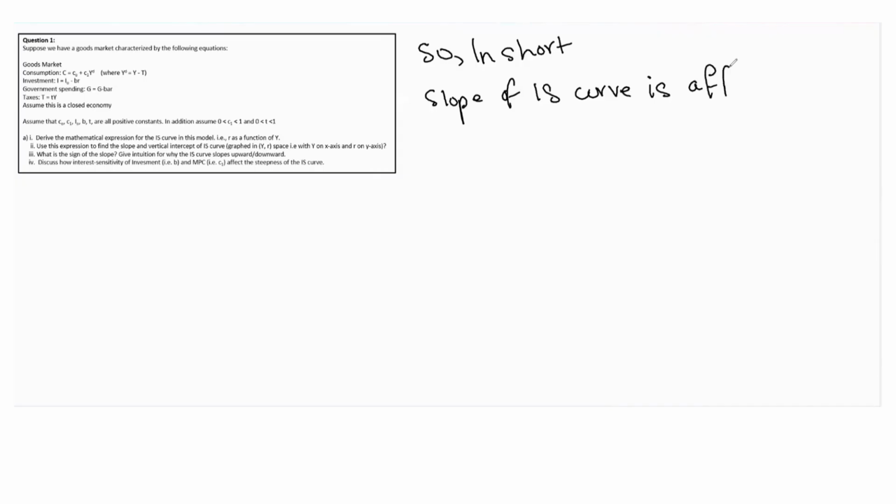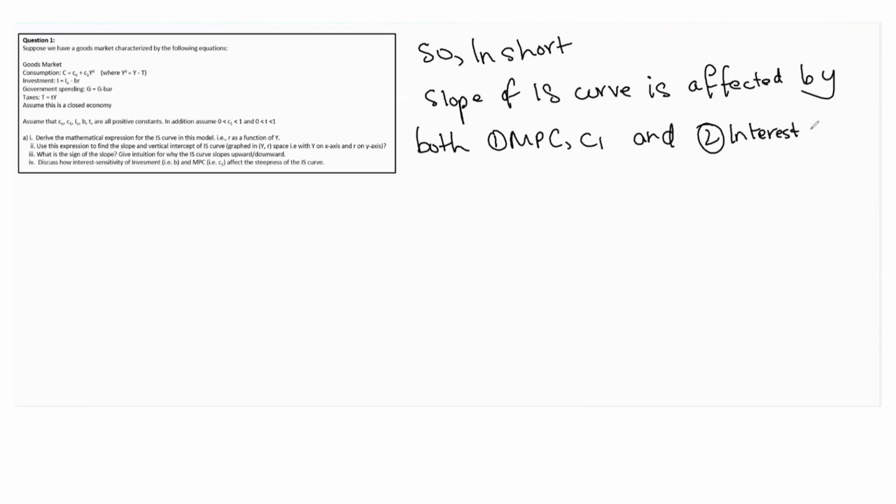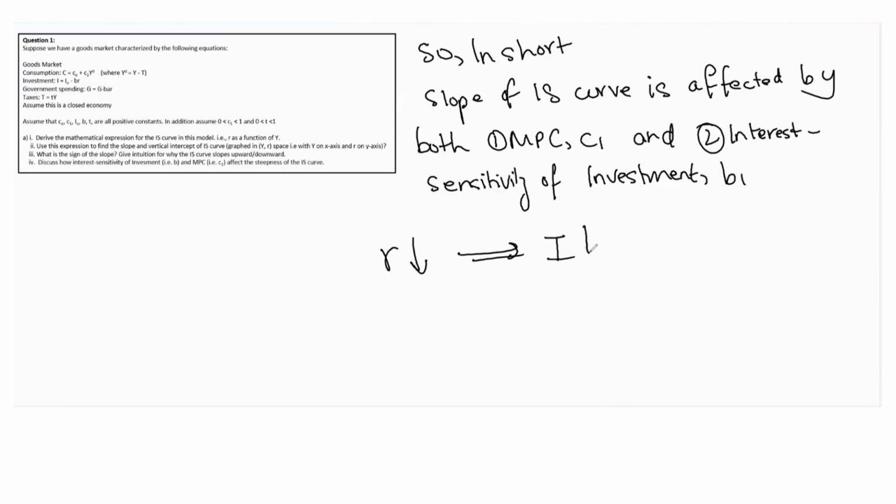is affected by both MPC C1 and the interest sensitivity of investment, how responsive investment is to changes in interest rate, i.e. B. Because we know when R decreases, that causes I to increase, which causes Y to increase.